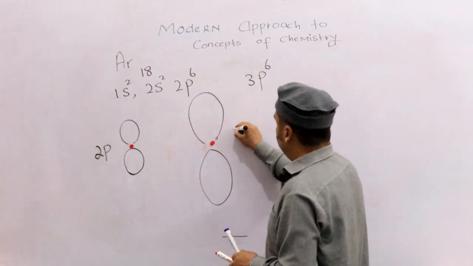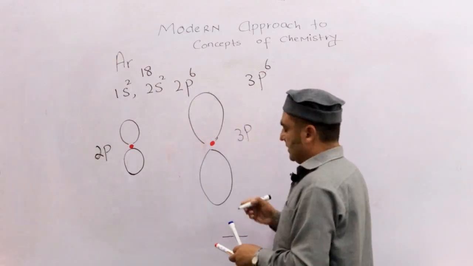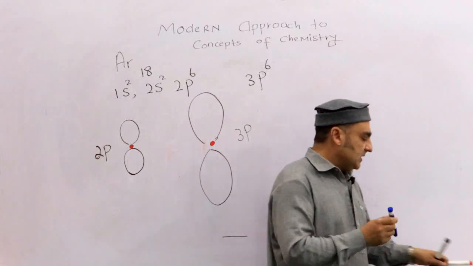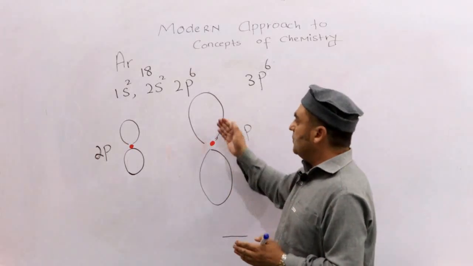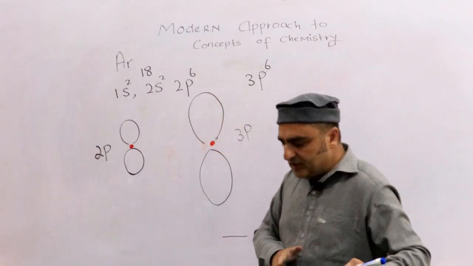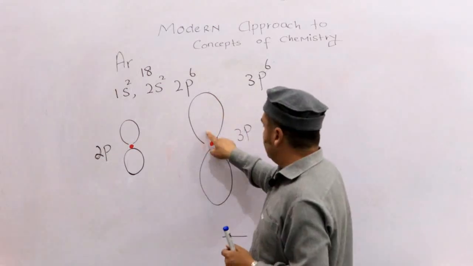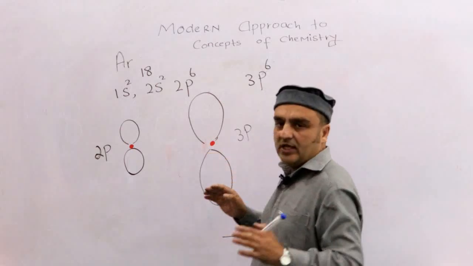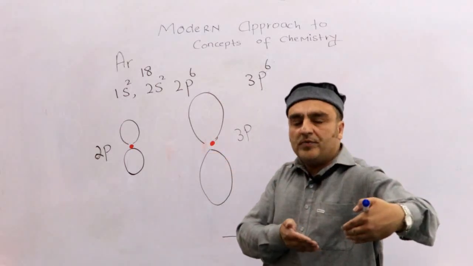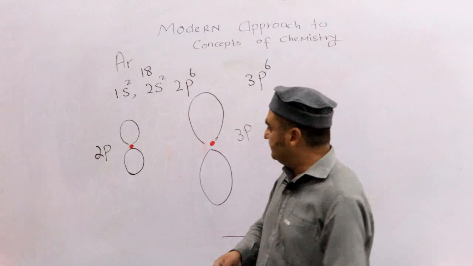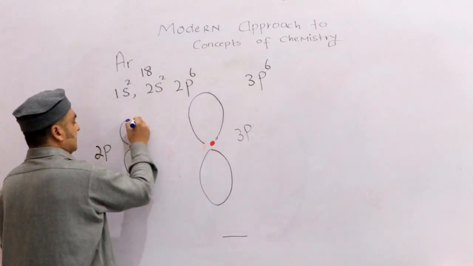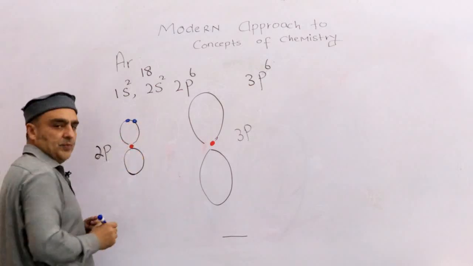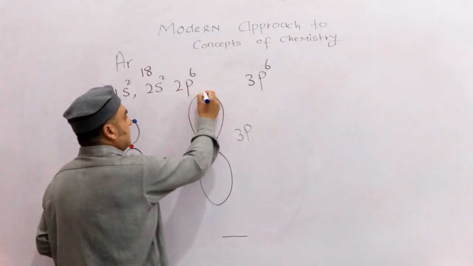So this is the 3p orbital. What does the 3p orbital have? They have electrons. As you know, electrons are present here, here, here, and here. But let us select one point in both the orbitals. Suppose both the electrons are present here at the very tip of this orbital, and both are present here.